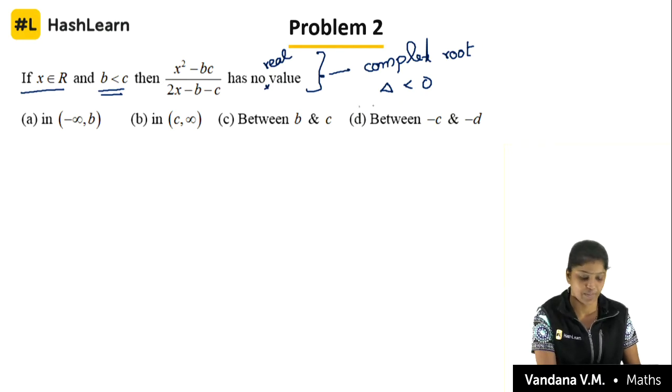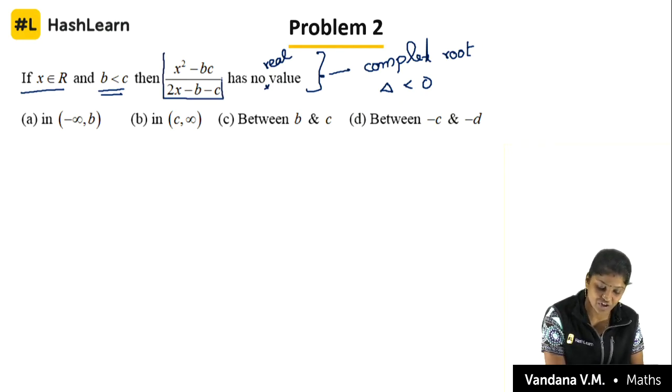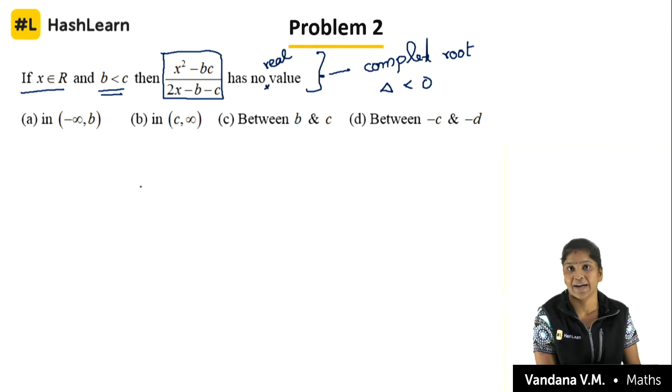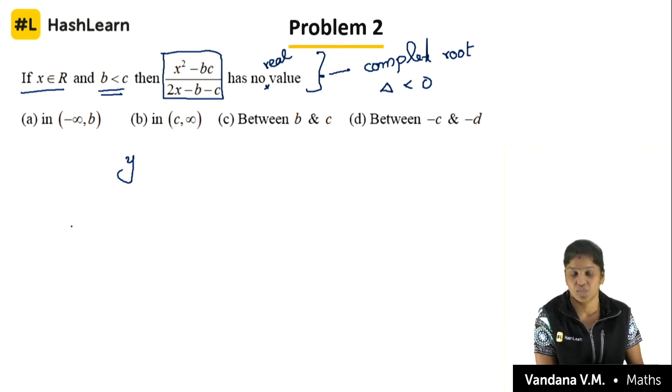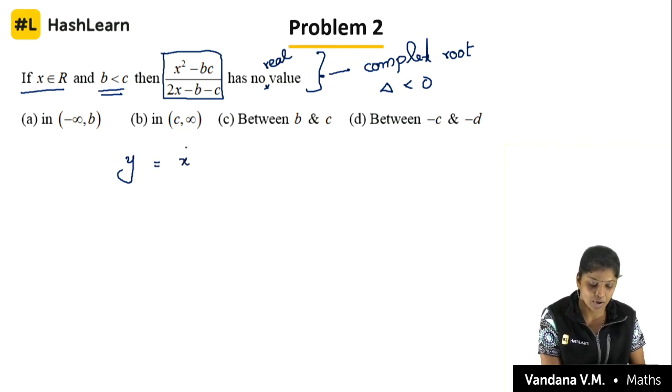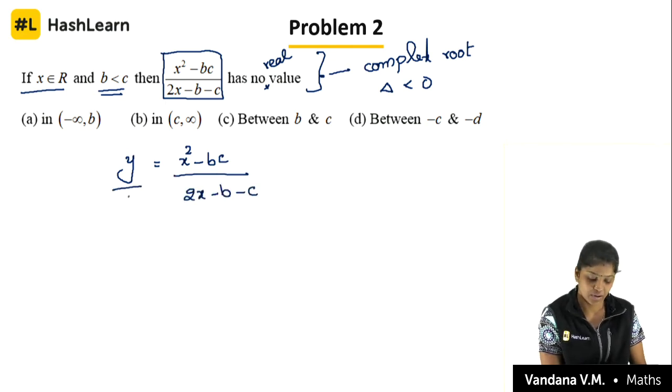Why did I say discriminant? Because the given question is in the form of quadratic type. So whatever it is, you take the given question as y is equal to x square minus bc by 2x minus b minus c.